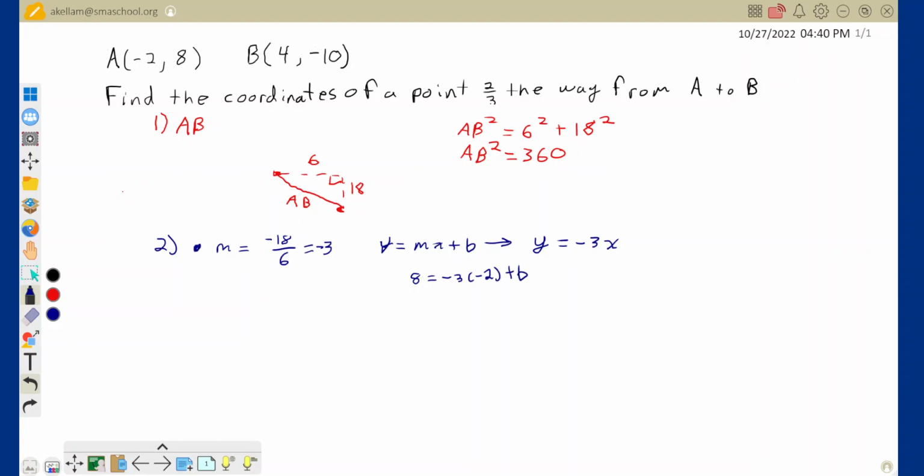This is +6. We subtract 6 from both sides and we get that b equals 2. So this is just going to be +2.